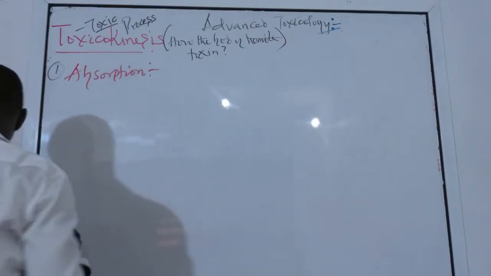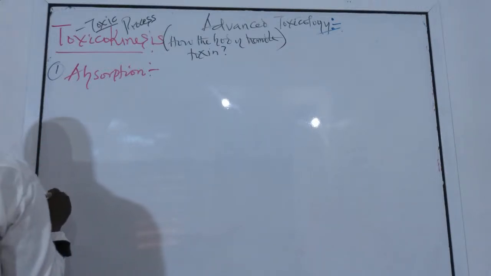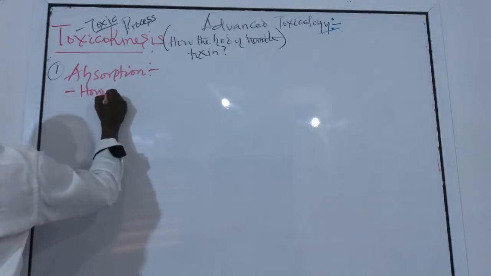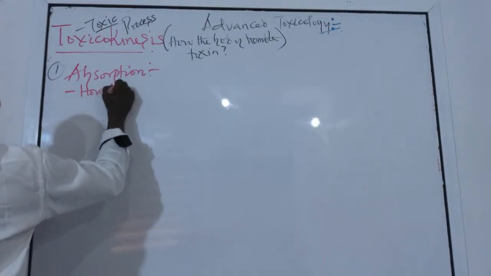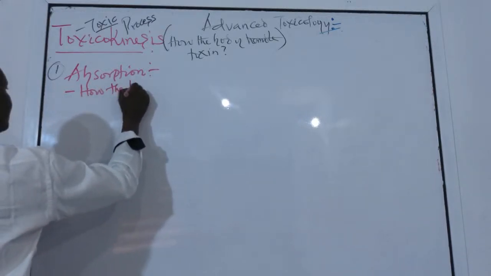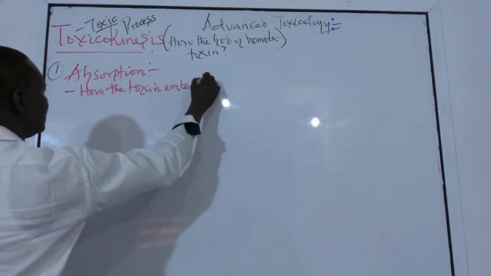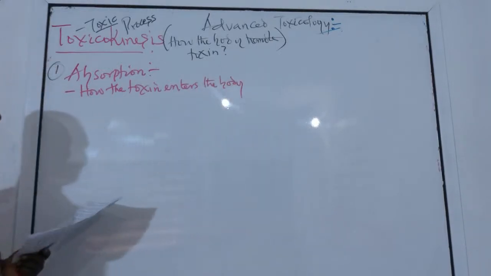So what happens in absorption? The first one is how the toxin enters the body. That really matters. It matters a lot.